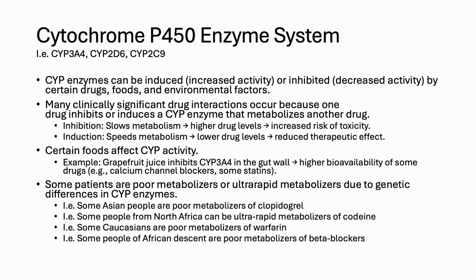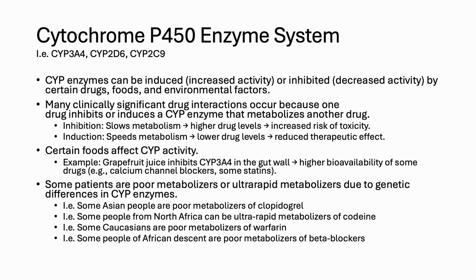So there are ethnic and genetic variations in cytochrome P450, and I have a list of different groups at the bottom. Some people of Asian descent, Southeast Asian descent, are very poor metabolizers of clopidogrel.